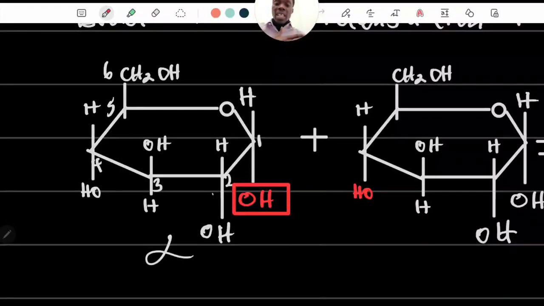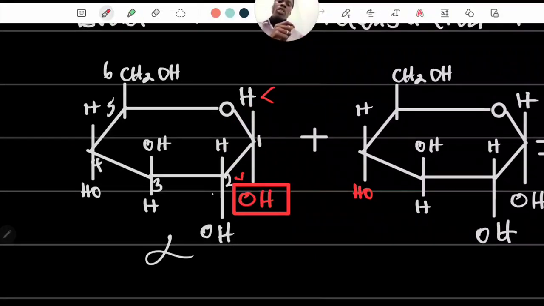The hydroxyl group on carbon 1 is not flipped, and that is what makes it alpha glucose. But if this goes up here and this comes down here, that becomes beta glucose, which I will show you later on.